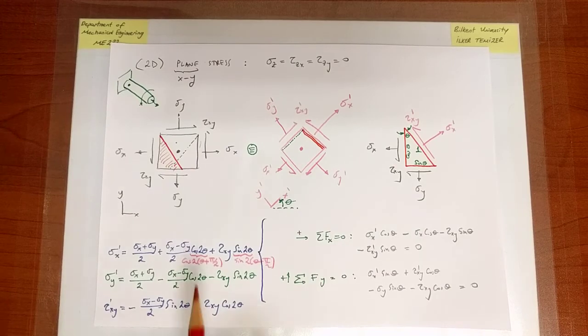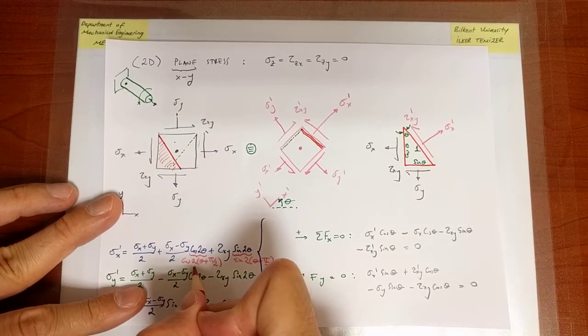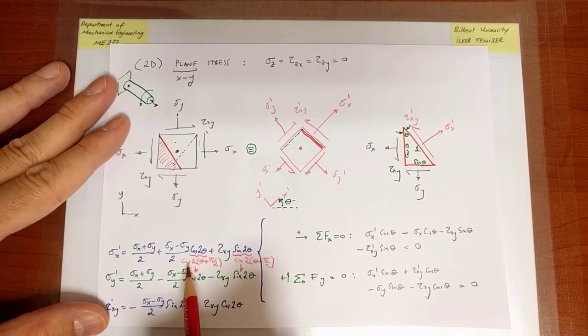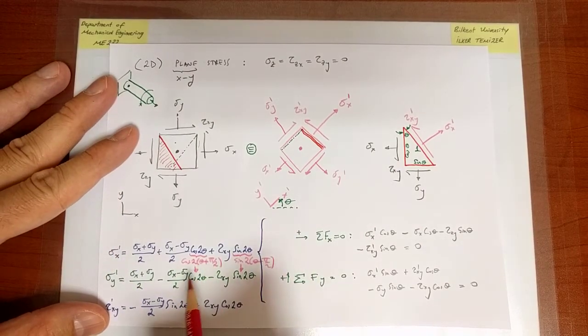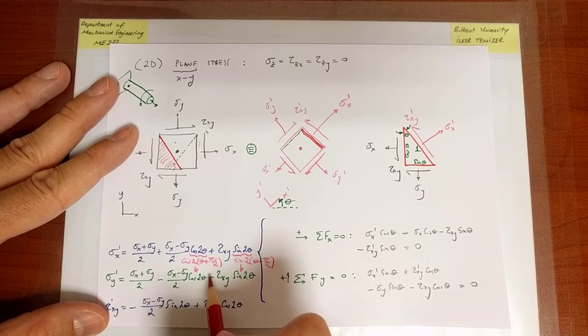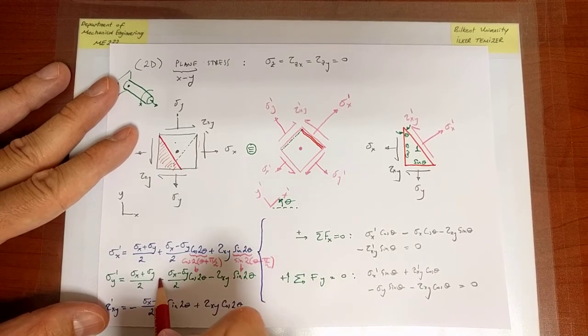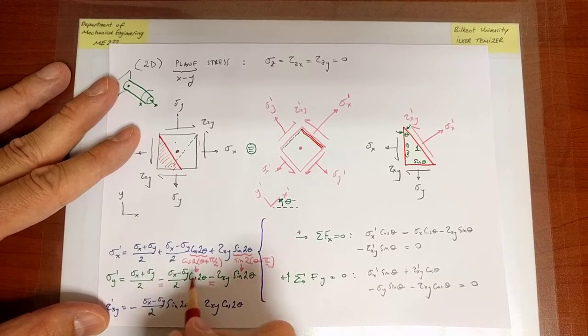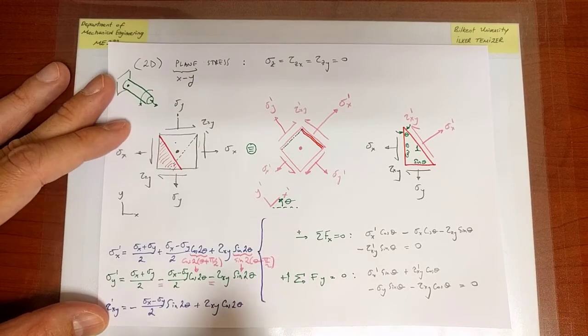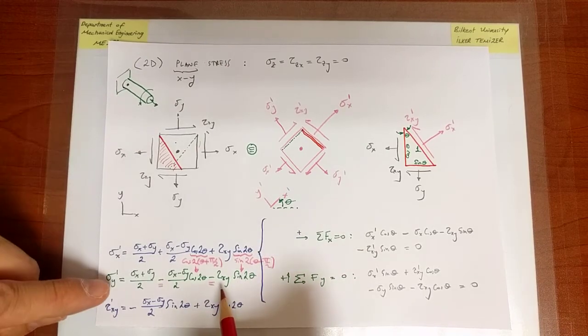Now, it turns out cosine of 2 theta plus pi over 2, or sine of 2 theta plus pi over 2, is equal to minus sine 2 theta and cosine 2 theta respectively. So don't forget the negative sign. So this is equal to minus sine 2 theta, and that is equal to cosine 2 theta. So my interpretation is indeed correct.